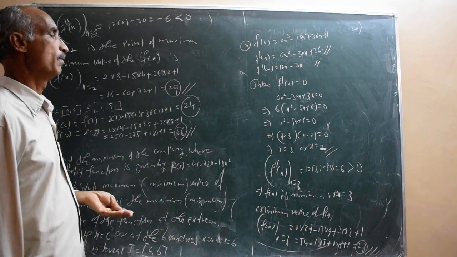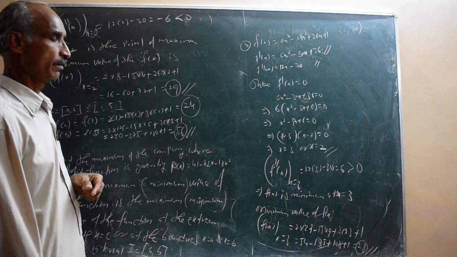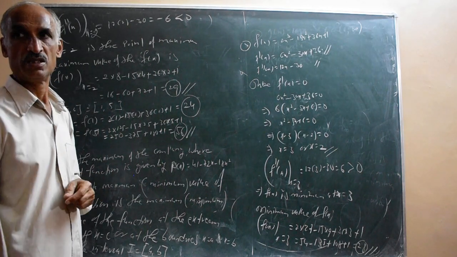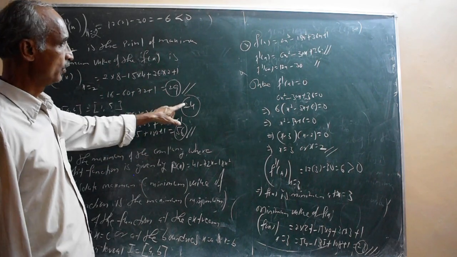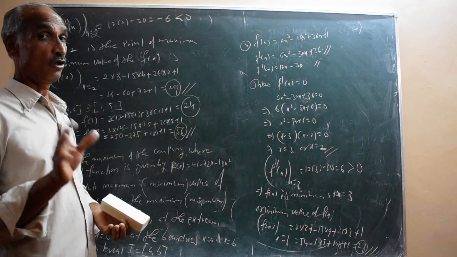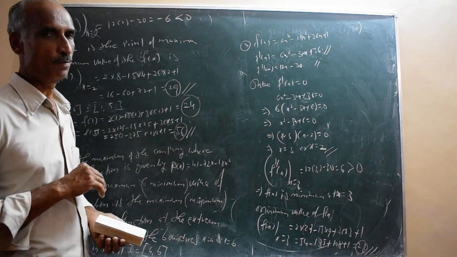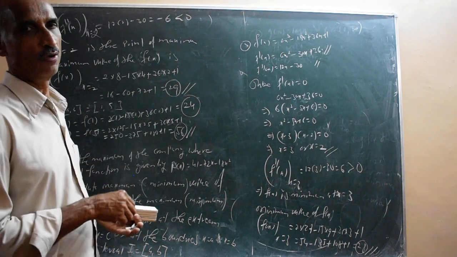Therefore, among 29, 24, 56 and 28, the maximum value is 56. Therefore, the absolute maximum is 56. The minimum value is 24. Therefore, the absolute minimum is 24. It does not mean that only at boundary values you get the absolute maximum and absolute minimum, but in this problem we got it like that.